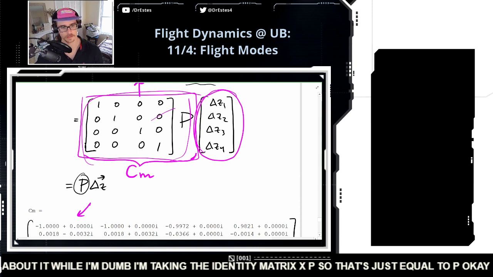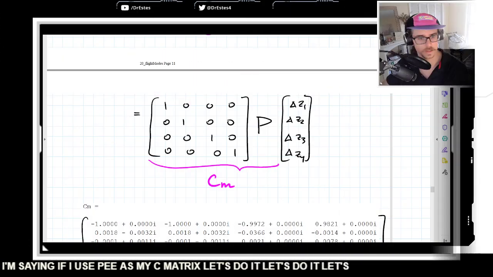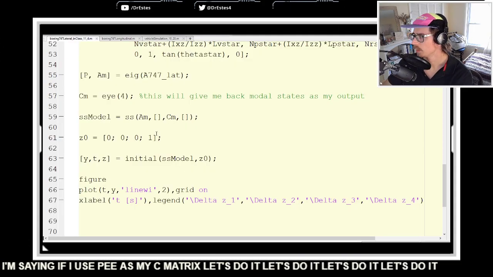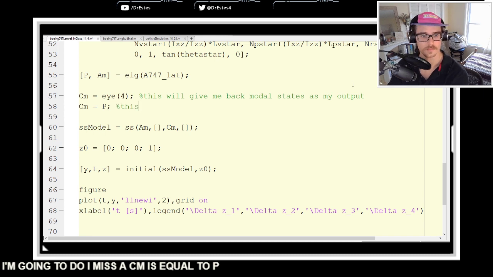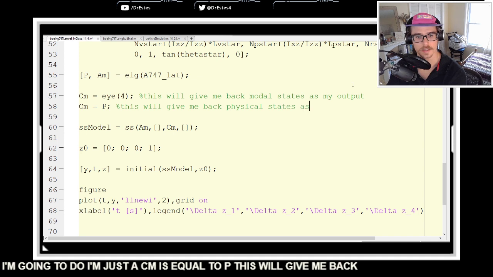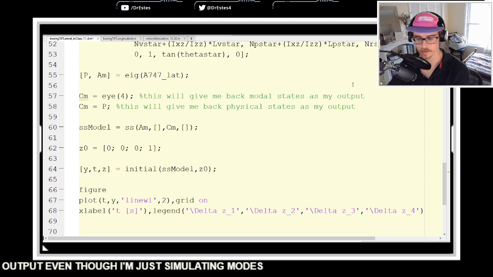So I'm saying if I use P as my C matrix. Okay, let's do it. So what I'm going to do, I'm going to say Cm is equal to P. This will give me back physical states as my output, even though I'm just simulating modes by themselves.